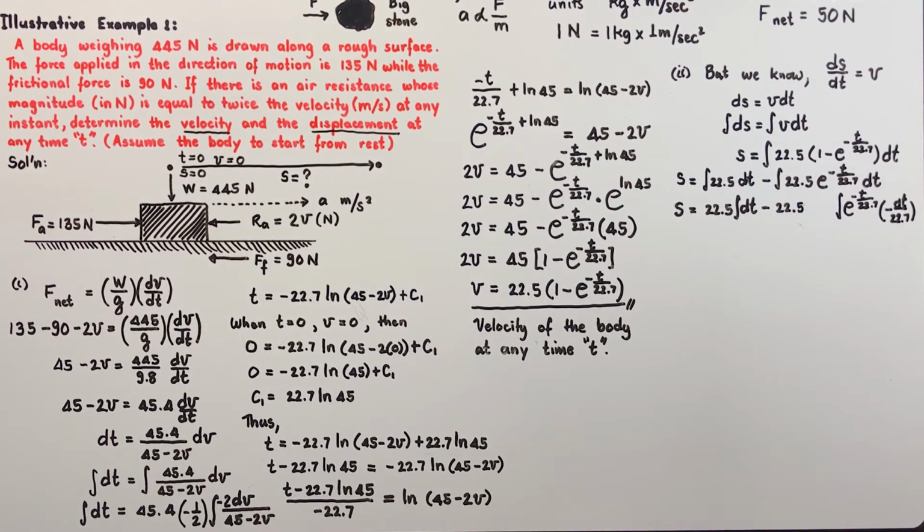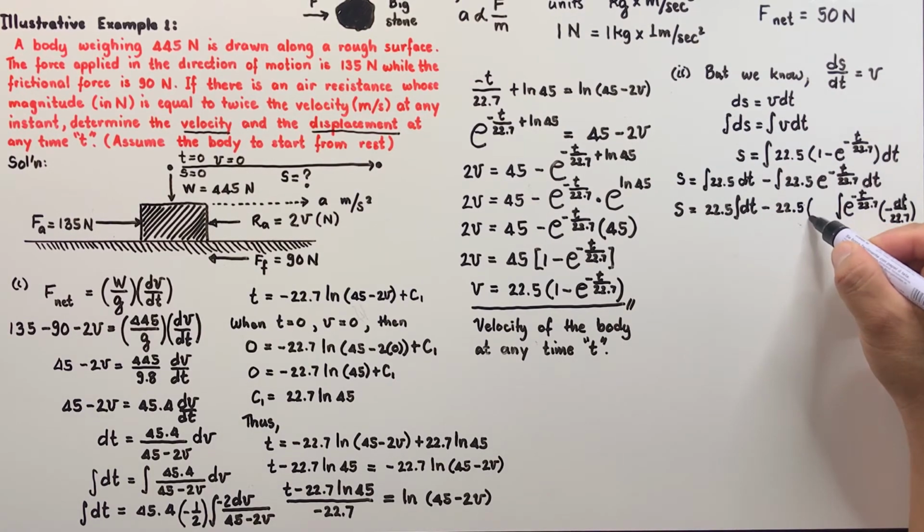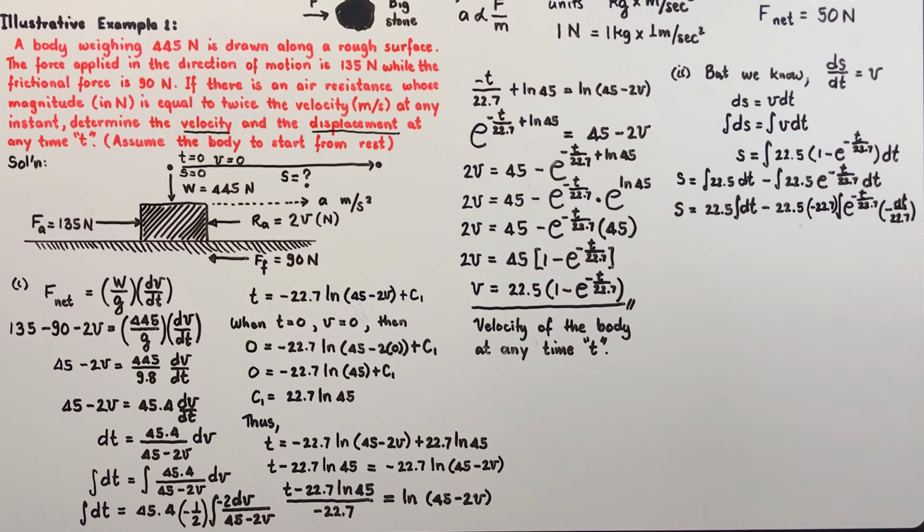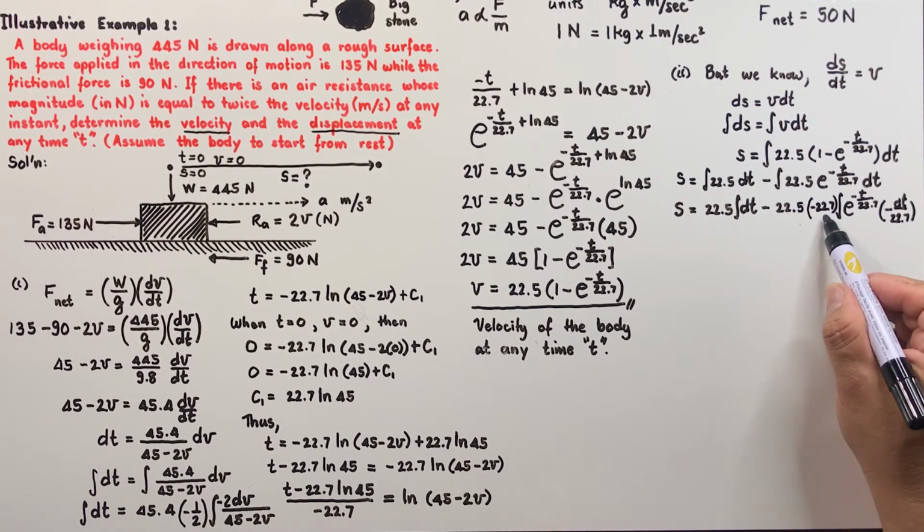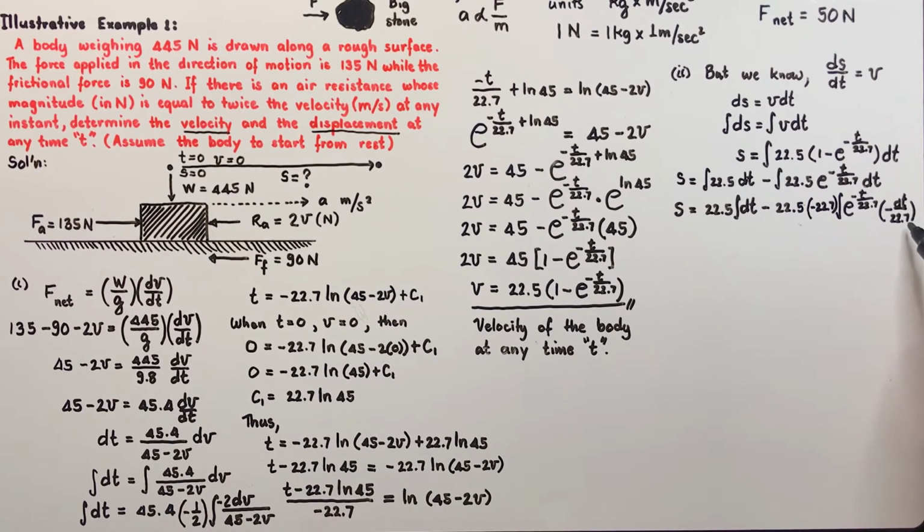And maybe you will ask, where did I get this negative 1 over 22.7? I just neutralize it by multiplying negative 22.7 outside the integral symbol, so that the product is equal to positive 1, as if I have done nothing to the original integral. But I need this one to integrate e to the power u, because the du must be here.